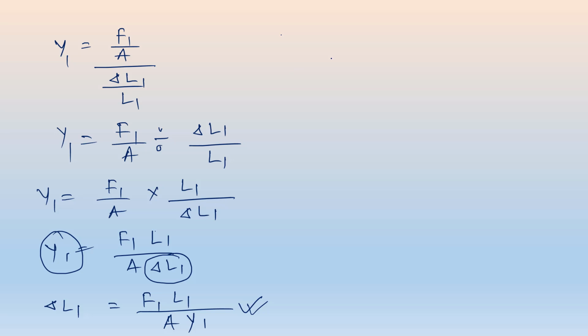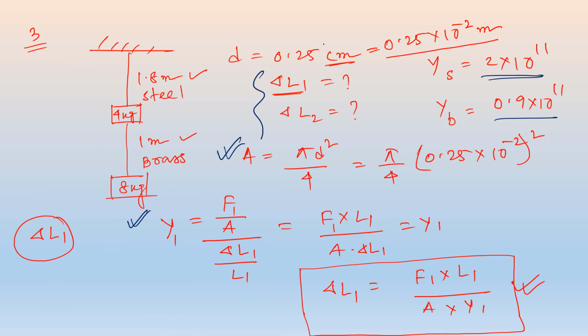In the case of that, I have to substitute all of the values in that given expression. This is our required expression and I need to find out all of the values. Now what is the force? What is the value of F1 for the case of the steel wire? I'm talking about the steel wire.